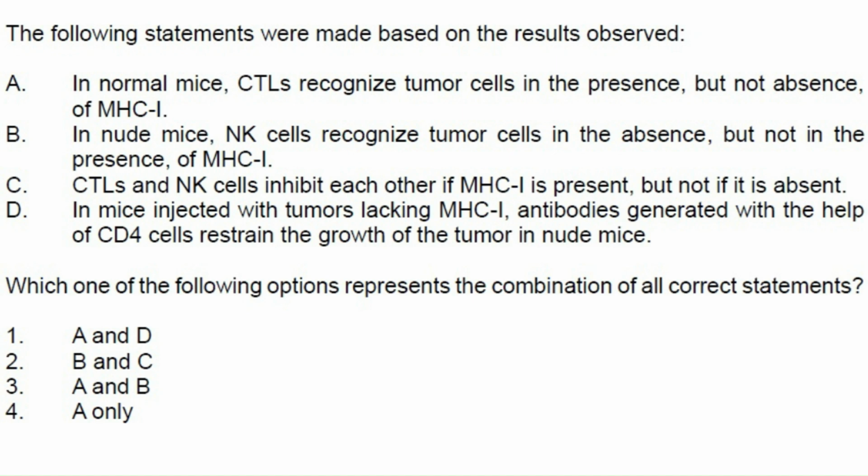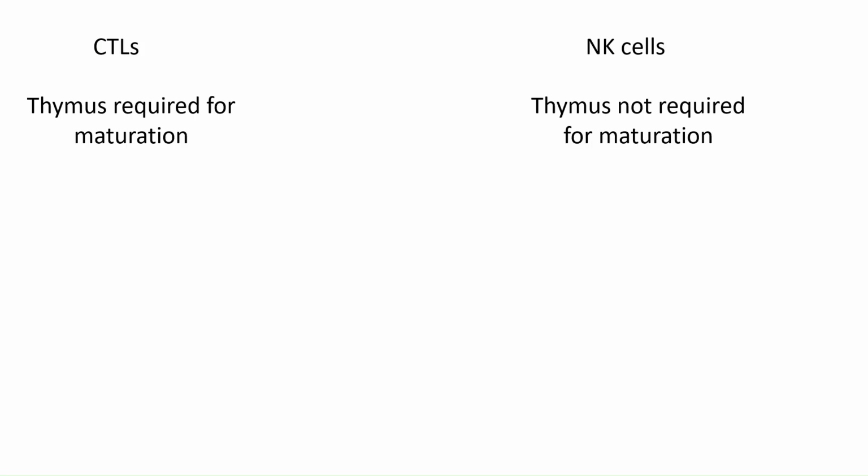So to solve this, first we'll learn a little about both the cytotoxic T cells and natural killer cells. Cytotoxic T lymphocytes require thymus for maturation. That's why they are denoted with the T lymphocytes.